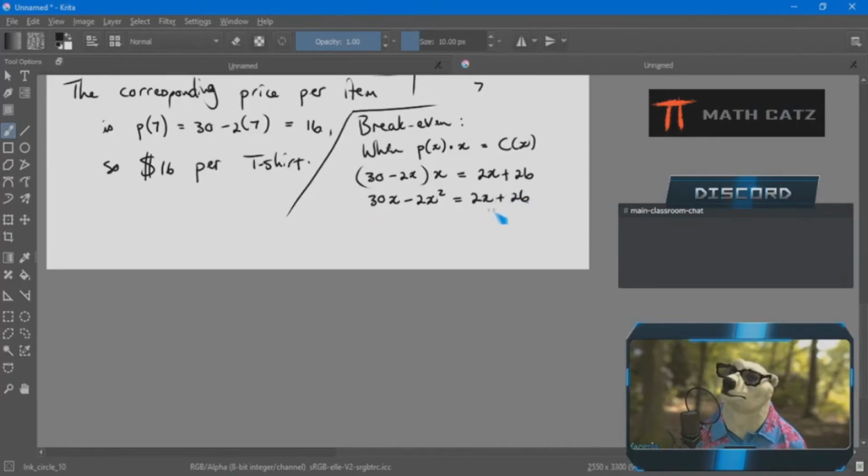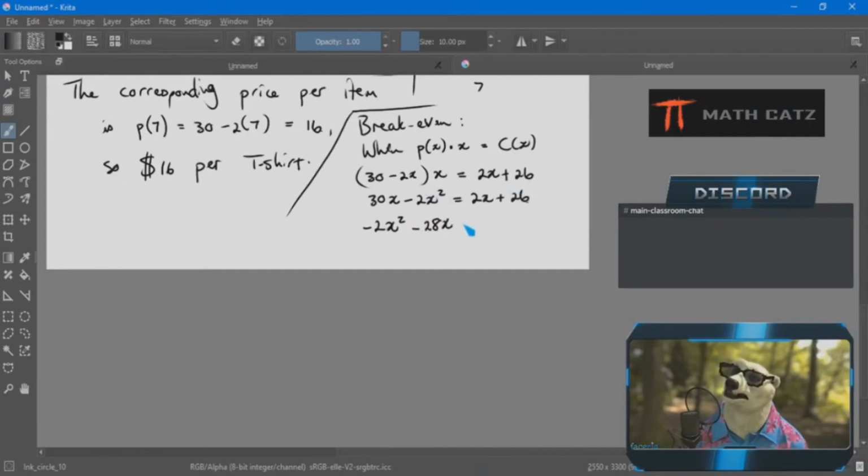So now I have a quadratic equation, which means group everything on one side. Which side do we want? It doesn't really matter. Negative 2x squared. I have a 30x here, minus a 2x gives me a 28x.